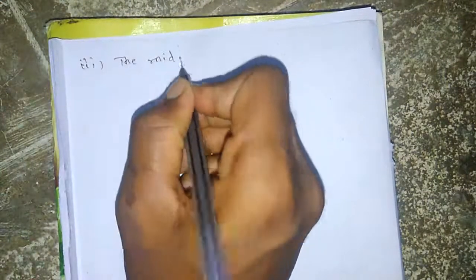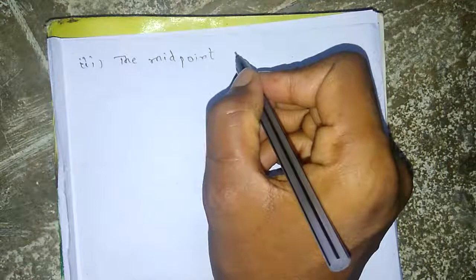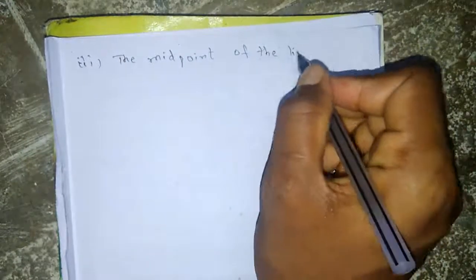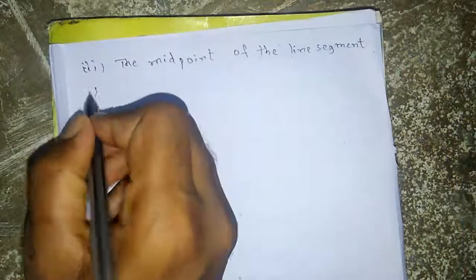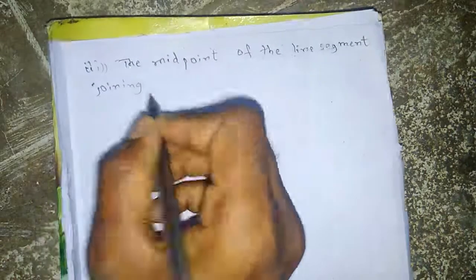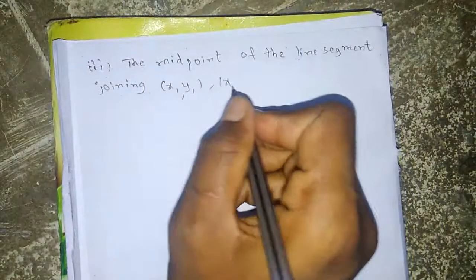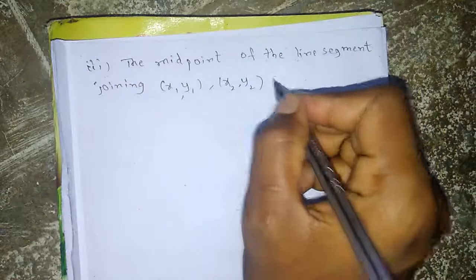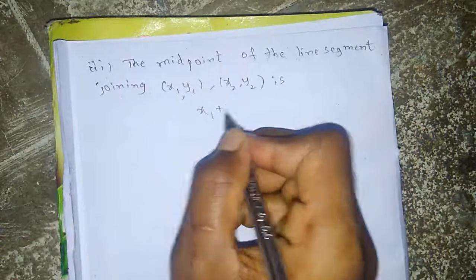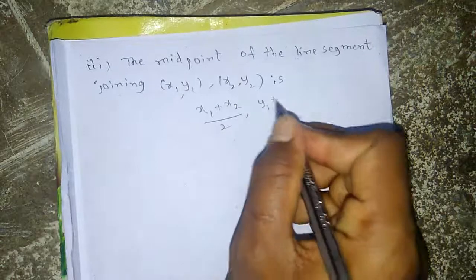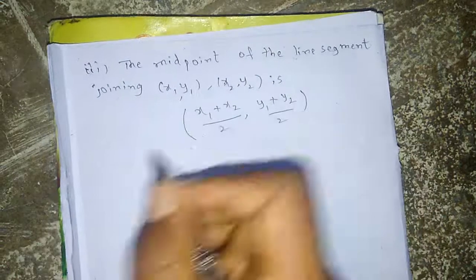Next concept is the midpoint of the line segment joining (x1, y1), (x2, y2). The midpoint is (x1 + x2)/2, (y1 + y2)/2, the coordinates of the midpoint.